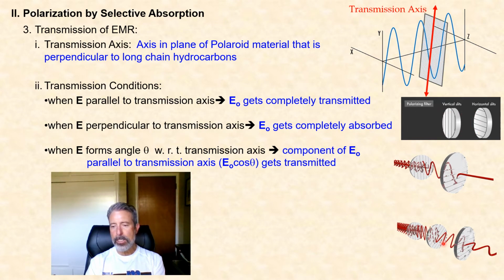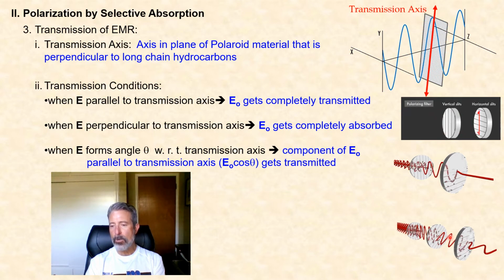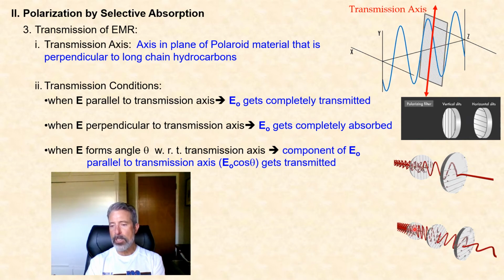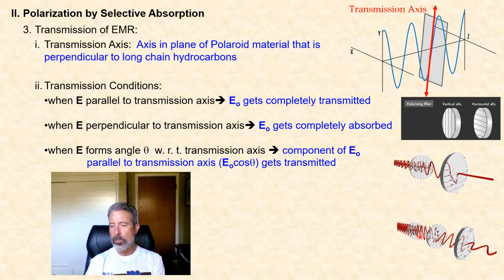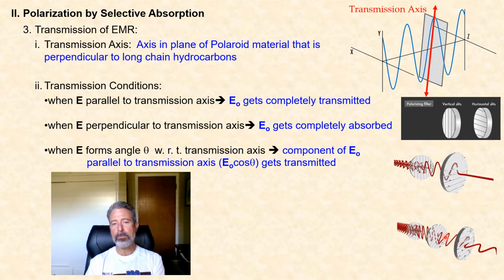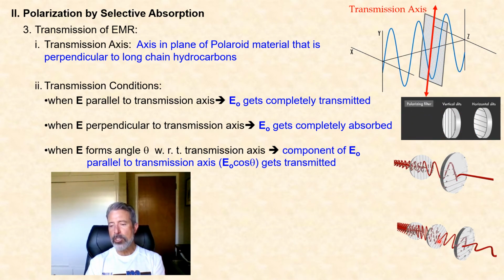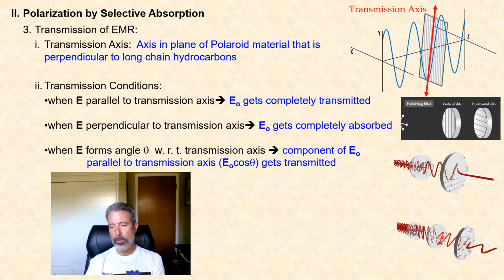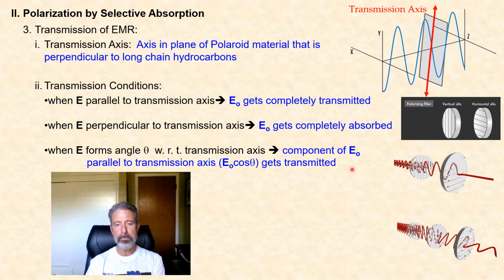Notice the direction of the electric field of the wave that comes out. It's a component of the initial wave, so it's been reduced. Only that component in the direction of the transmission axis is the only component of that electric field that is going to come through.